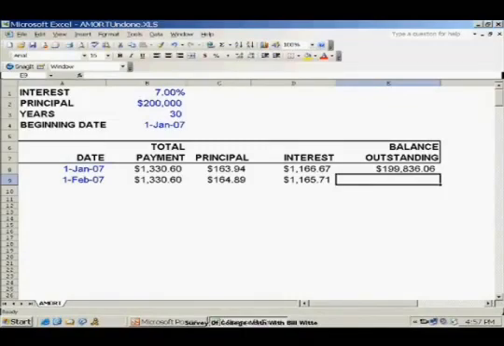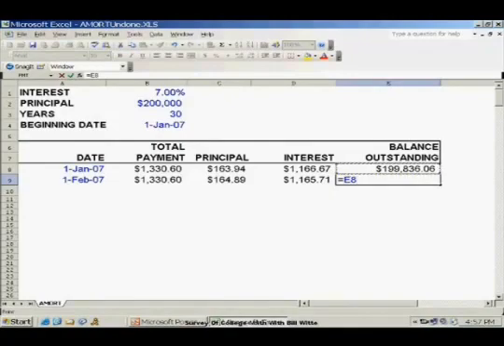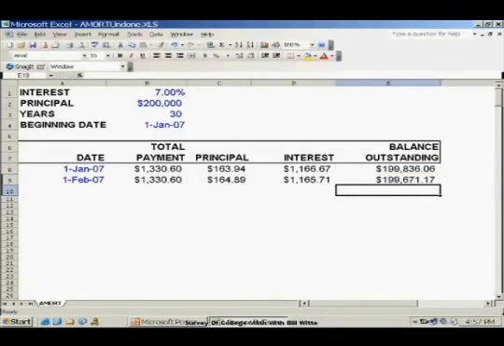I'll subtract it from last month's outstanding balance. So that's going to be last month's outstanding balance minus the amount of the payment that is principal that I paid this month. I still haven't even paid off $1,000. I only paid $200 off that. Ouch.